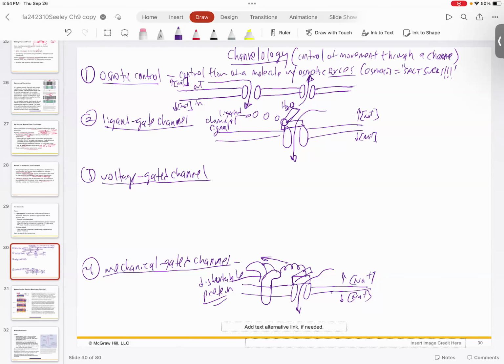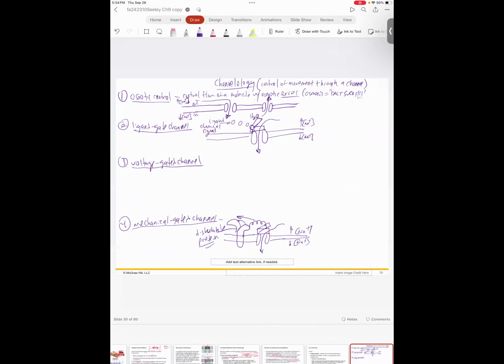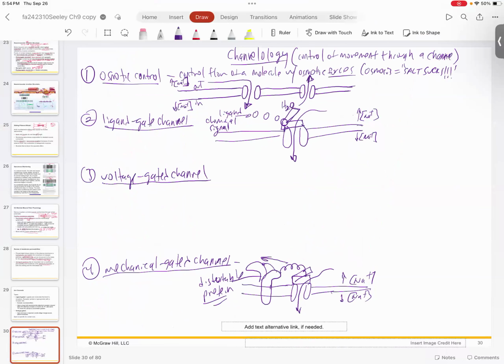Now then, the good one, the voltage gated channel. Let's take a look at this one. In the voltage gated channel, what you have are a series of channels that are stimulated to open when the voltage changes. So let's go ahead and take a look at this.